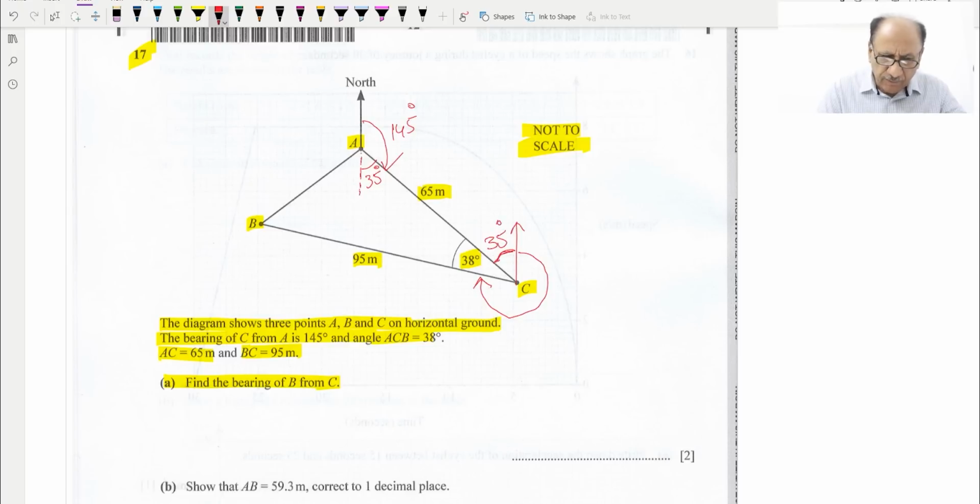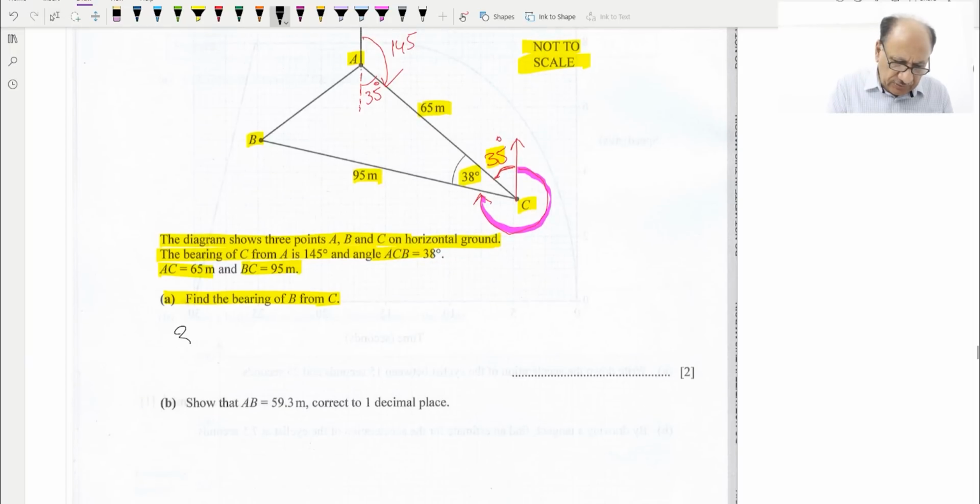Hopefully you are getting this. To find this bearing, we'll have to subtract two angles, 38 and 35, from 360, and that will be our answer.